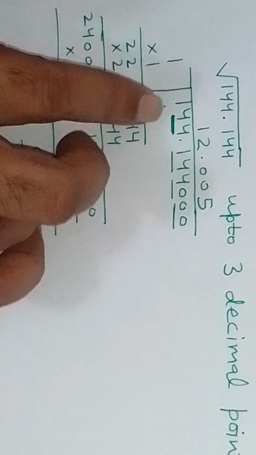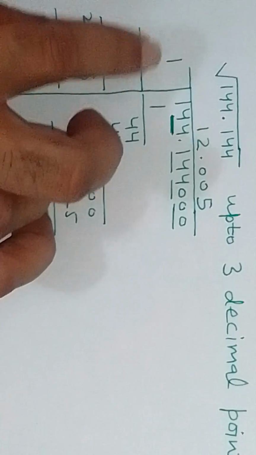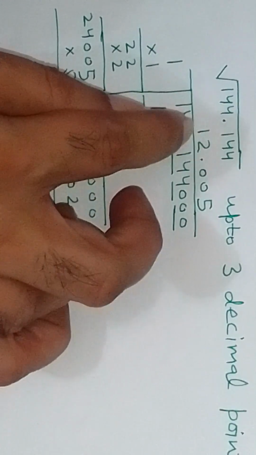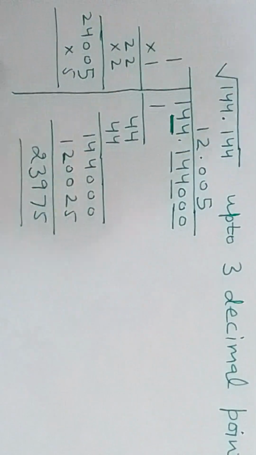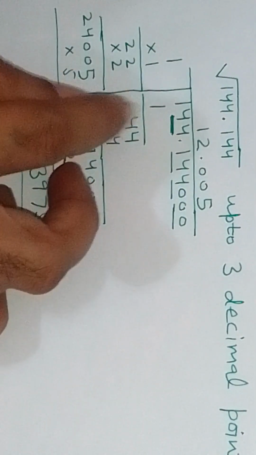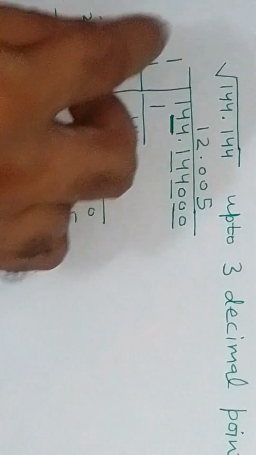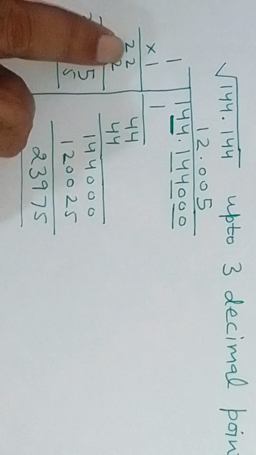First of all, 1 into 1, so put the value 1, and hence here also 1. Now we take 44 and add 1 and 1. Addition of 1 and 1 comes to be 2.